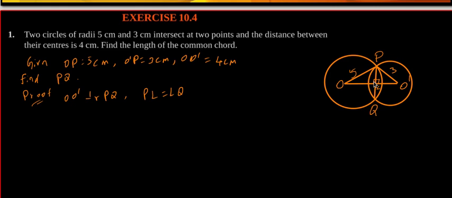So it is a right angled triangle. The distance from O to O dash is 4 cm.